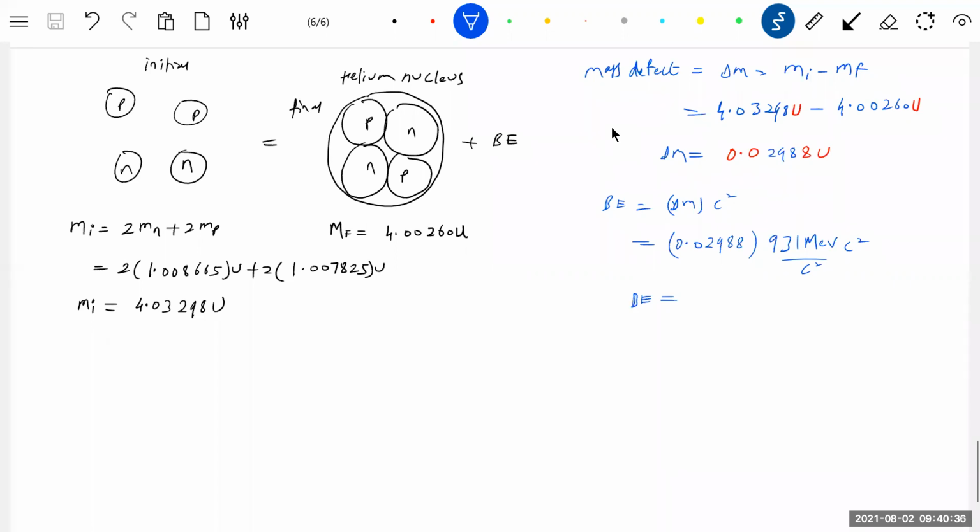Anybody have the value? I think I'll go for the calculator on my mobile. Multiply these two, 0.02988 and 931. It comes to 27.81828. This much energy is available for us. Now where will this energy be utilized?